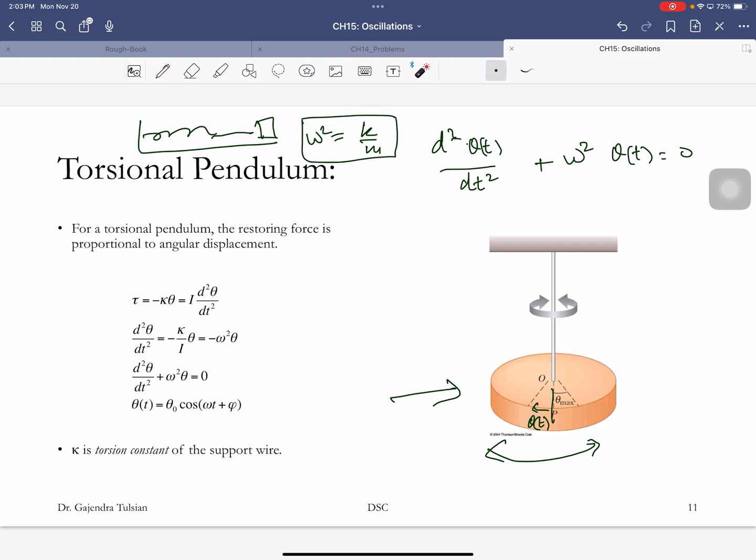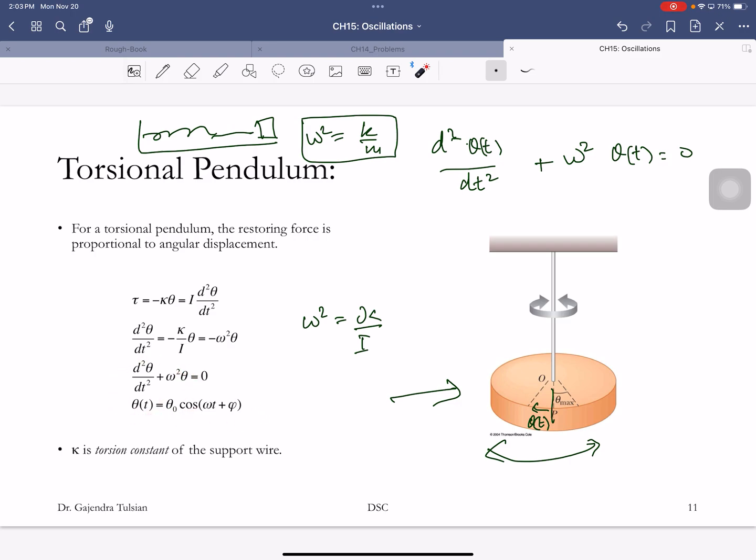For this system, omega squared is kappa, which is the torsion constant, divided by I, the moment of inertia. So this was the spring constant divided by mass. This is the torsion constant divided by moment of inertia; mass gets replaced by moment of inertia. Remember, linear motion, inertia is mass. For rotational motion, it's moment of inertia. Moment of inertia of this object about that axis. And so the equation is exactly the same, and we already know the solution to that.